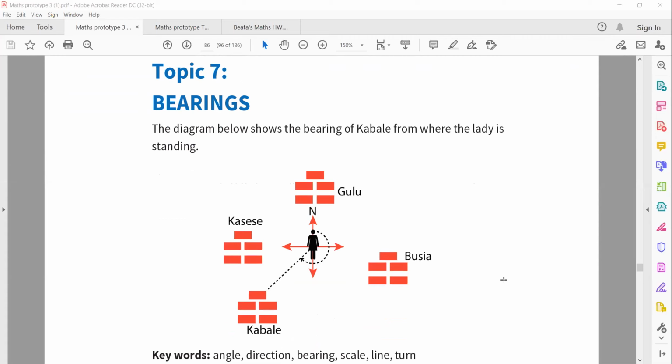Maybe one of the girls can help us with what we mean by bearing. I know it's not a new term. Hello? Anyone with an idea about bearings? Let's wait for the girls to put up their hands.